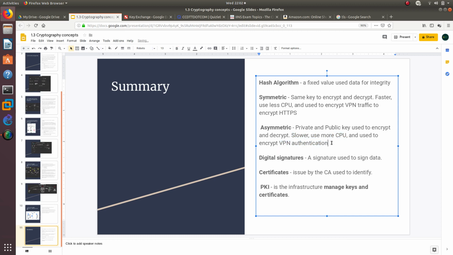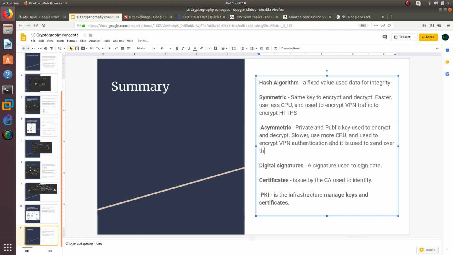And it is used to send over the symmetric shared public key. And digital signatures is a signature used to sign data, and it provides integrity and non-repudiation.